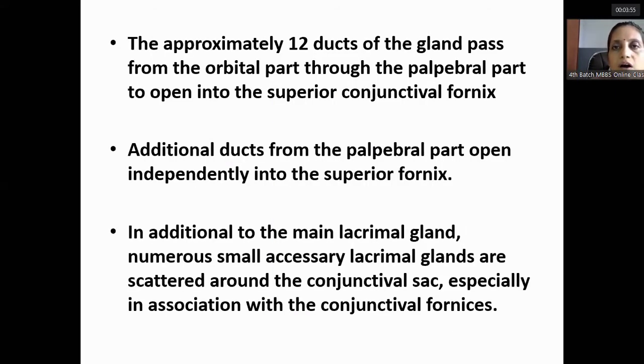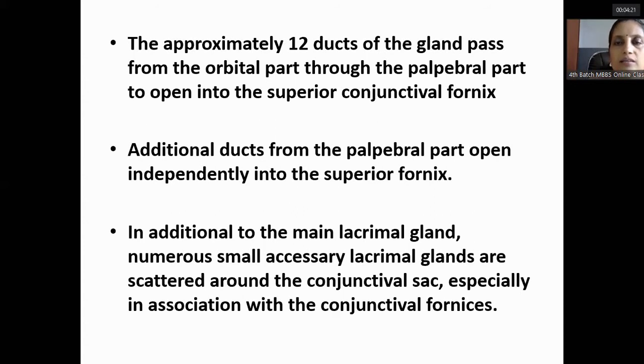Approximately 12 ducts of the gland pass from the orbital part through the palpebral part to open into the superior conjunctival fornix. By this time you know the structure of the conjunctiva. It has the palpebral part, the bulbar part, and the joining is the fornix. We have the upper fornix, which is the superior fornix, and the lower fornix, which is the inferior fornix.